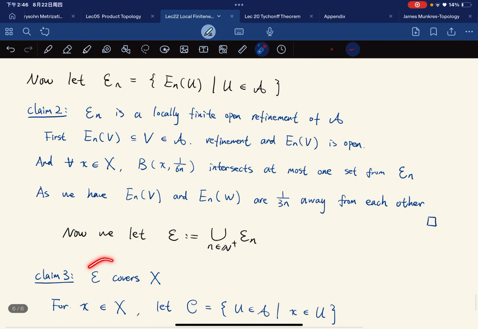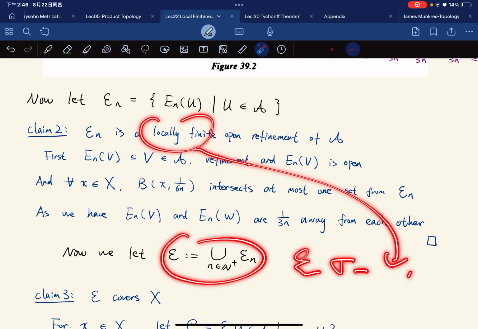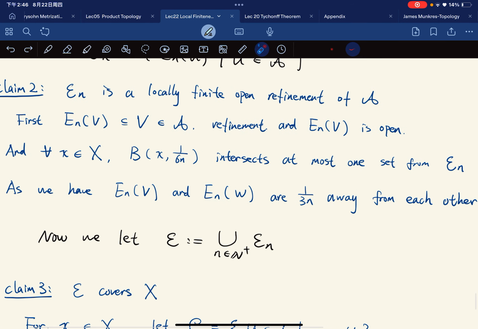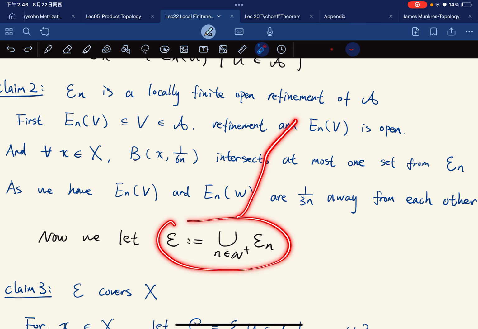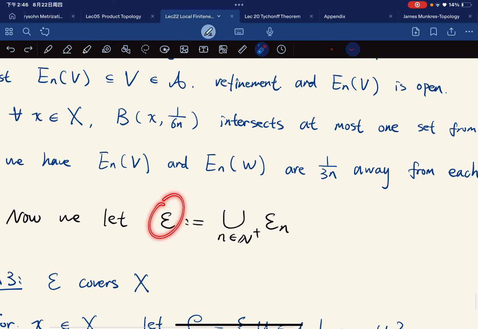So epsilon covers X. Epsilon is sigma-locally finite, right? Each element in epsilon_n is open, so it is a countable union of locally finite collections of open sets. And epsilon is a refinement of A because epsilon_n is a refinement of A, by the definition of epsilon.